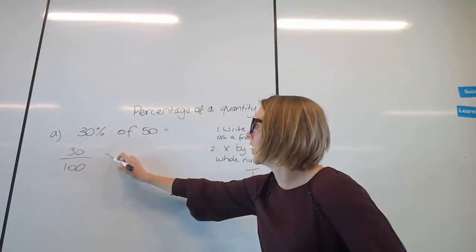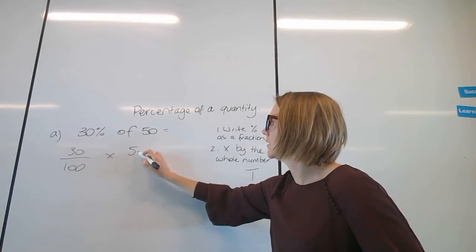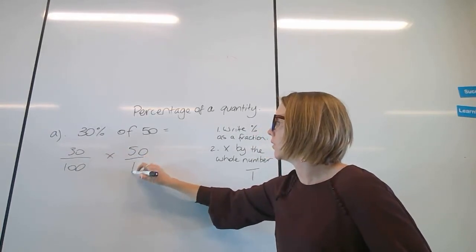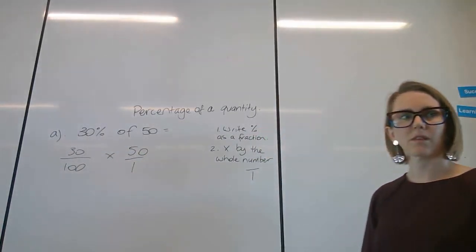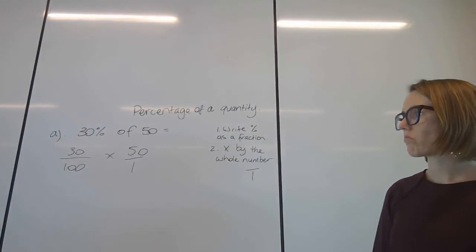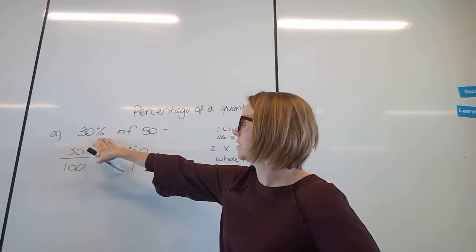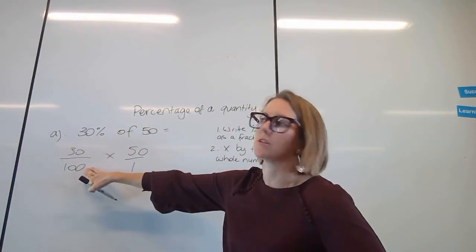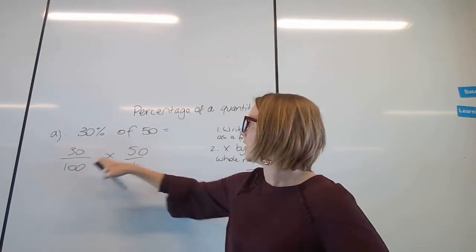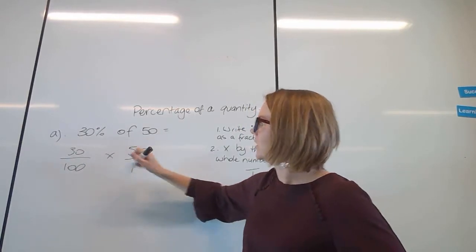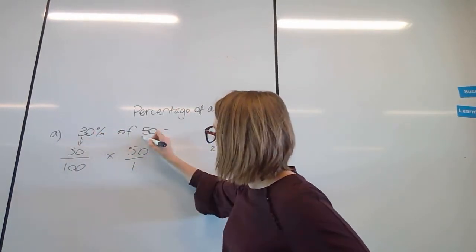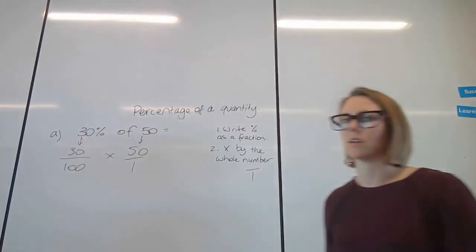So I'm going to go times 50 over 1. How did you change the 100? So 30% as a fraction is the same as 30 over 100. And then I'm just going 50. So you can even just do that with the multiplication sign.